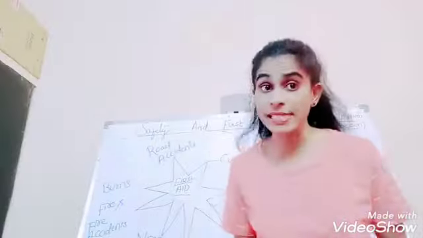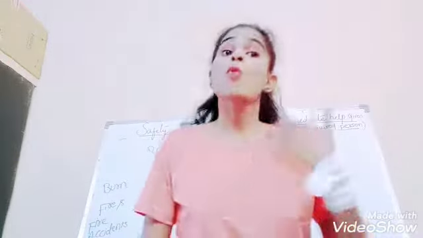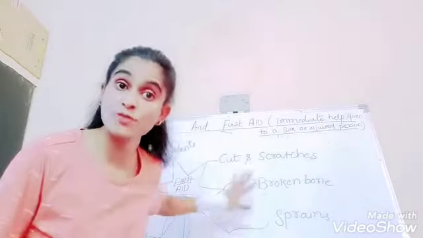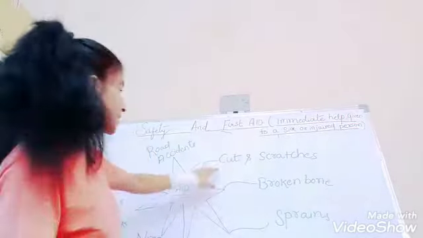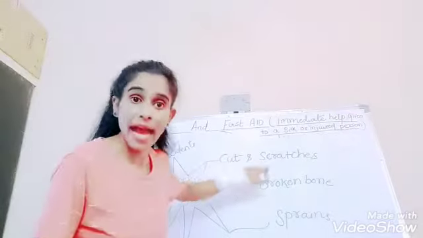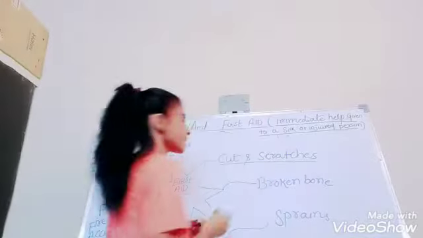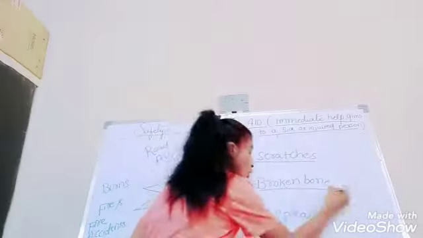Now let's study how to give first aid in various situations. We need to learn what first aid to give when we come across such situations. It may be cuts and scratches, or a broken bone.